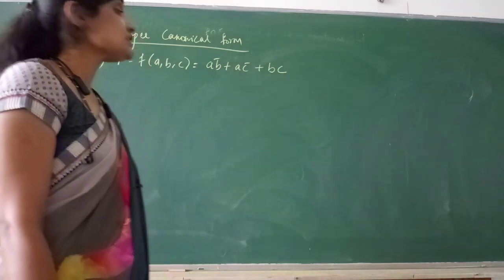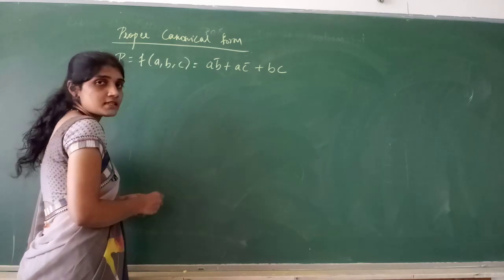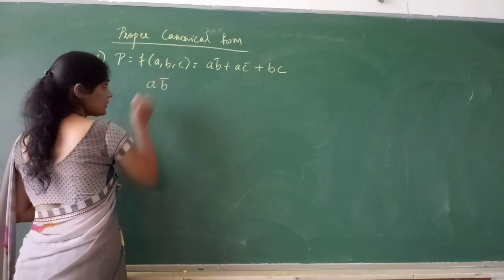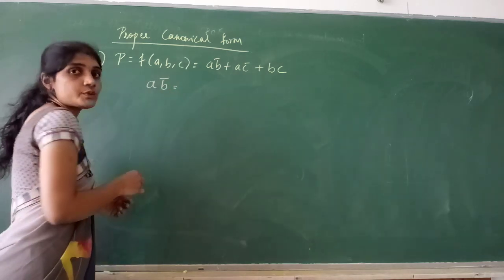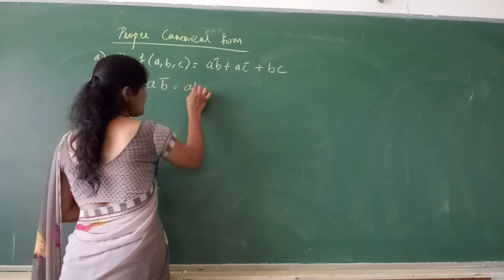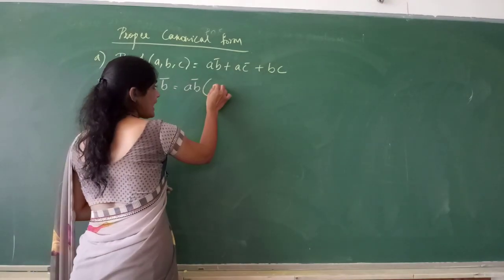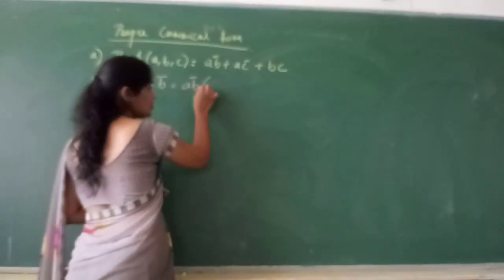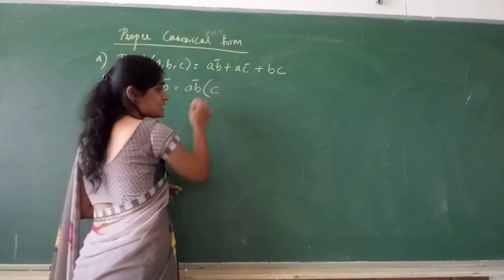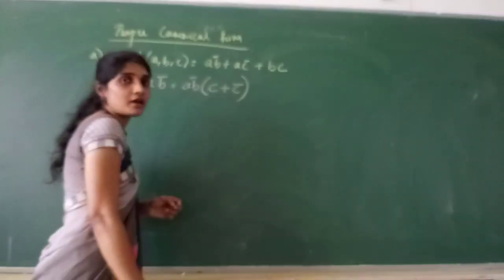Now how to place this in canonical form? Very simple. Take the first term, A, B bar. Which variable is missing here? C. So you have to do the logical AND operation for the missing variable C and its complement, C plus C bar.